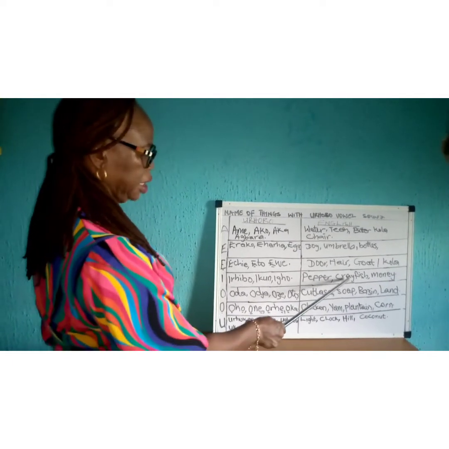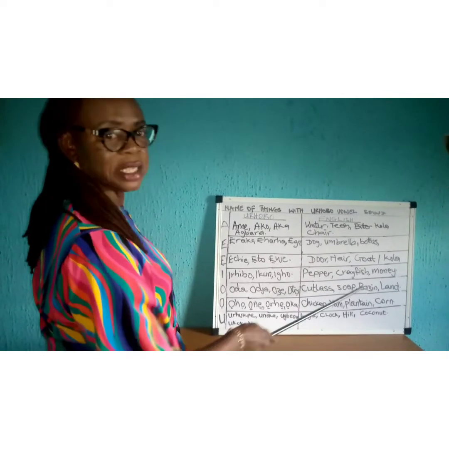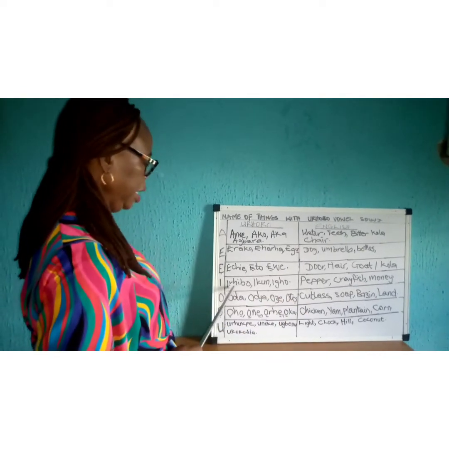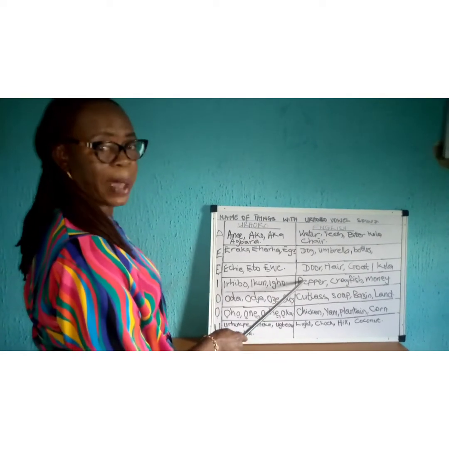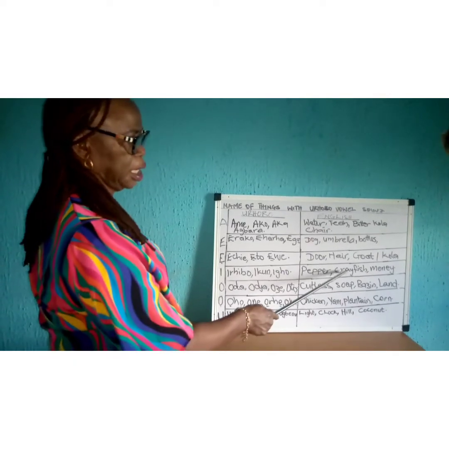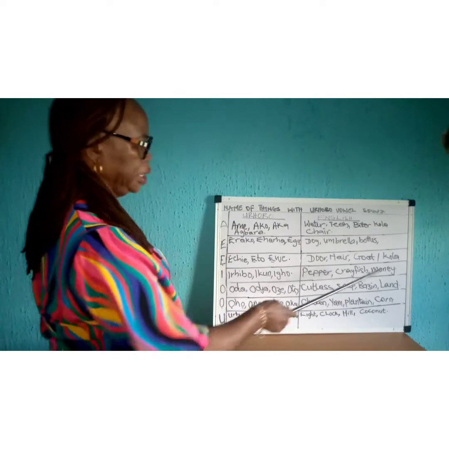Iku is crayfish. Iho is money. Iribo is pepper. Iku is crayfish. Iho is money.